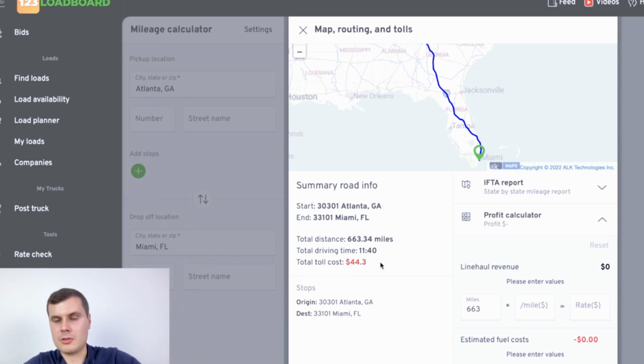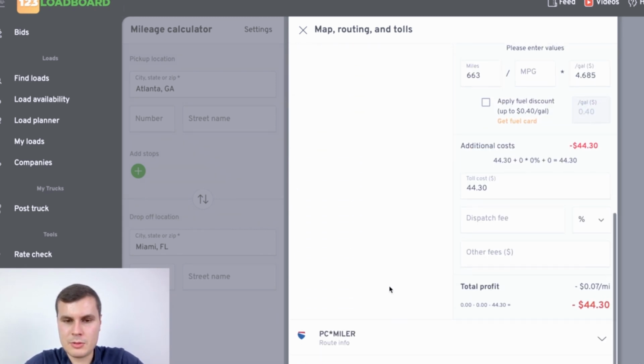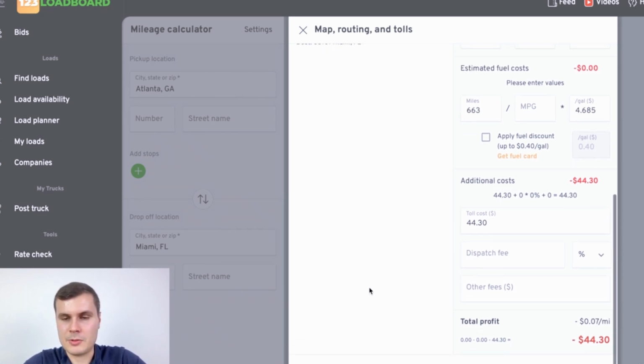So there were many questions about how to calculate tolls. There you go, you can use 1 to 3 load board to calculate tolls. And the reason you can double check this is because it uses Google Maps for interactive maps, but it also uses PC Miler, which is a GPS map made specifically for truckers.